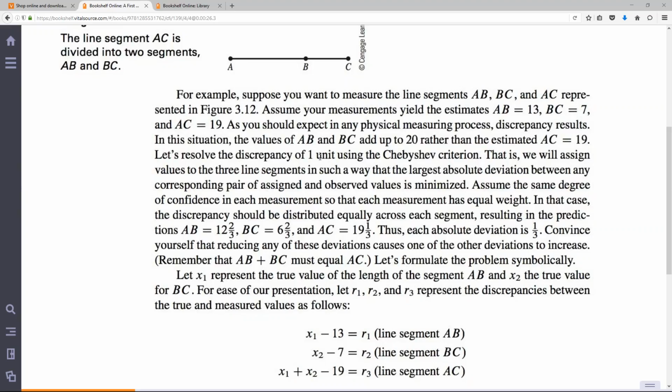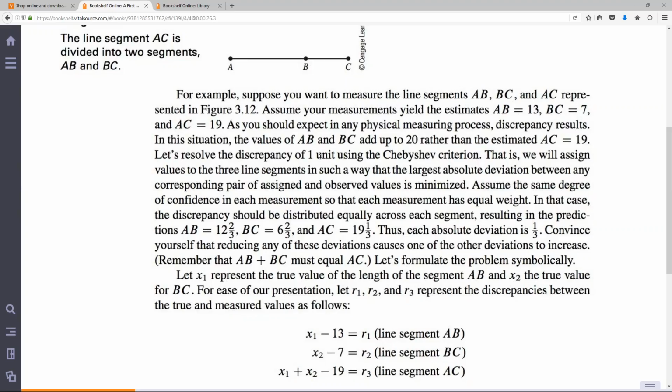That is, we will assign values to the three line segments in such a way that the largest absolute deviation between any corresponding pair of assigned and observed values is minimized. And then let's say that we assume the same degree of confidence in each measurement so that each measurement has equal weight. In that case, the discrepancy should be distributed equally.